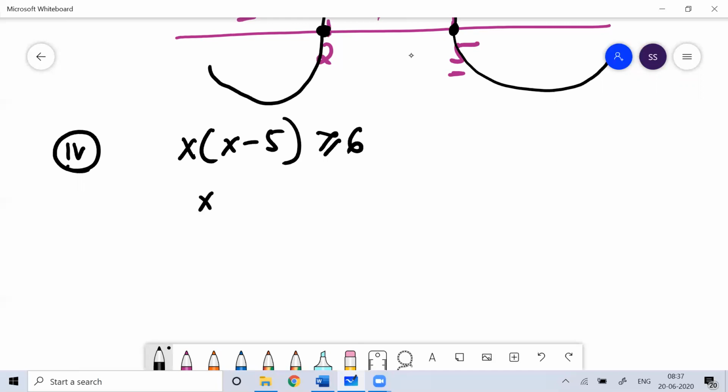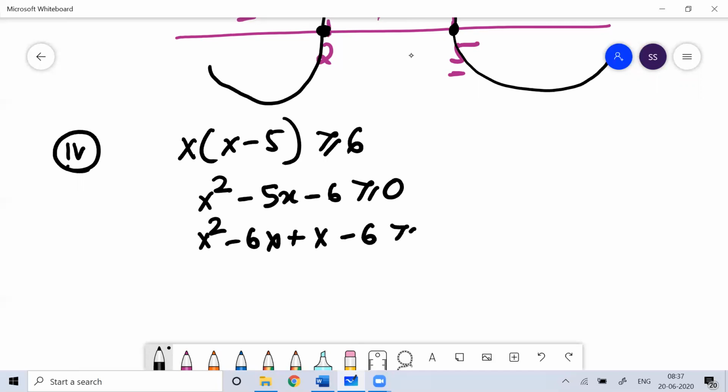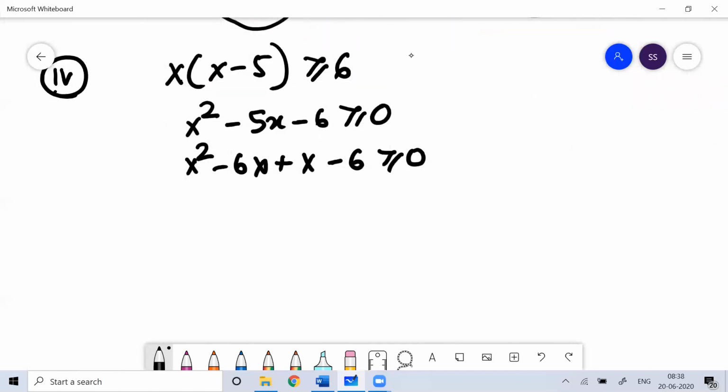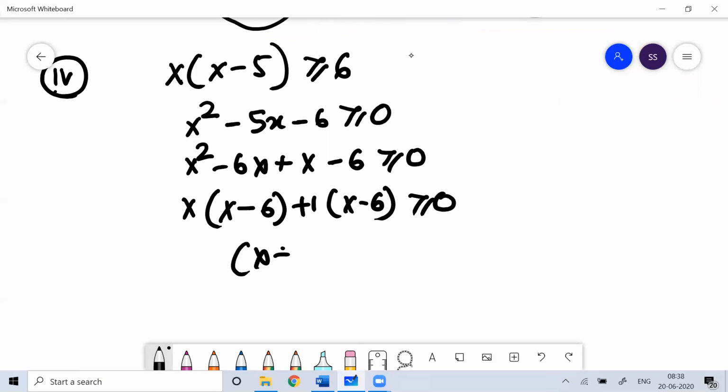So you can open the bracket: x square minus 5x minus 6 is greater than or equal to 0. So you can write x square minus 6x plus x minus 6 is greater than or equal to 0. If you take x common, x into x minus 6 plus 1 into x minus 6, so x plus 1 into x minus 6 is greater than or equal to 0.